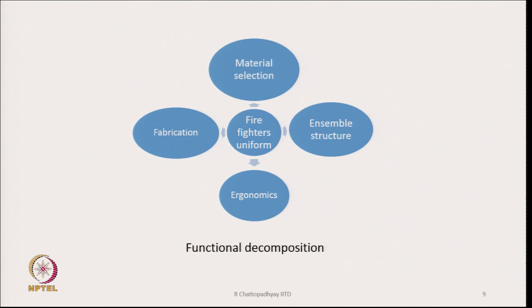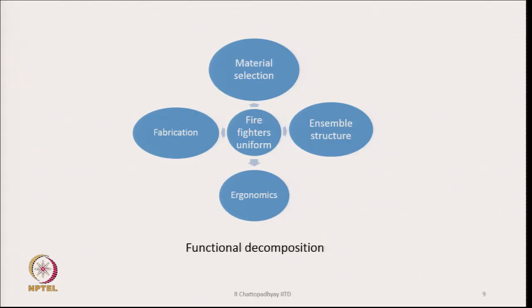So, that way a firefighter's uniform design can be looked into as subtasks: material selection, and ensemble structure, which is the overall structure of the ensemble so that the person is protected from extreme radiation heat or maybe from flames.